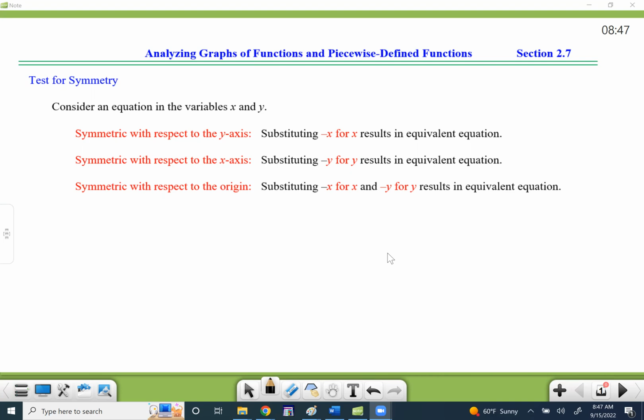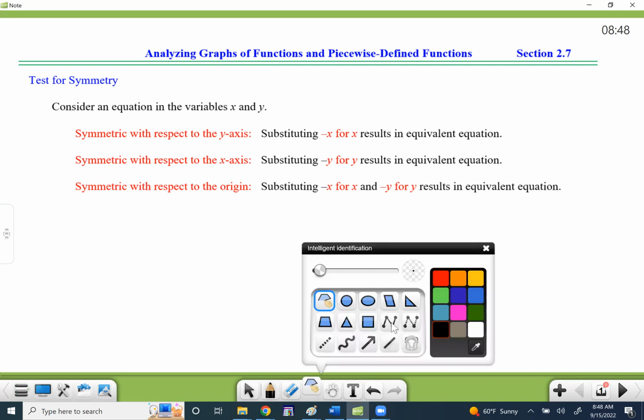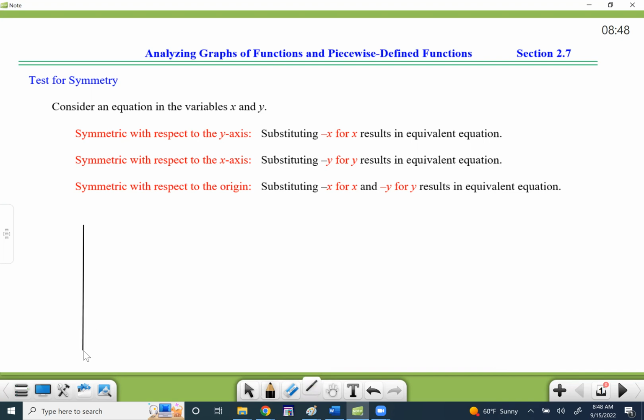Okay, so we have these three different situations here. We have symmetric with respect to the y, symmetric with respect to the x, and symmetric with respect to the origin. So let's show you what that will mean, visually, just to make sure that we can all visualize that.